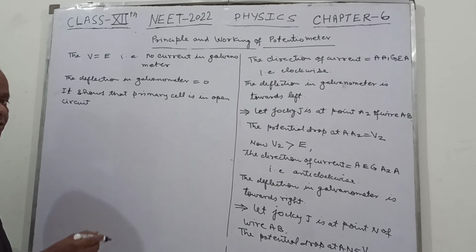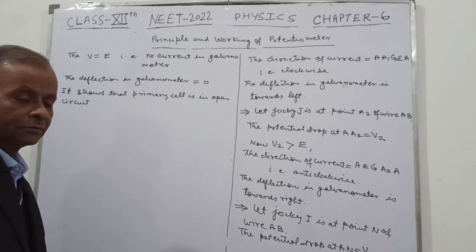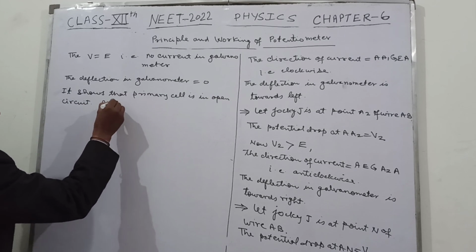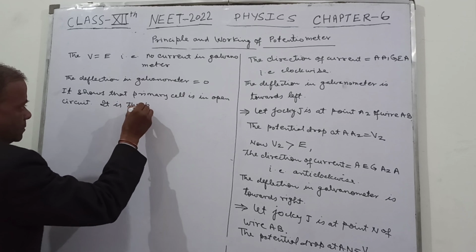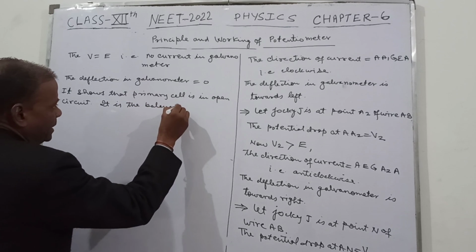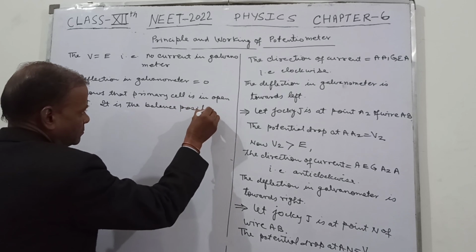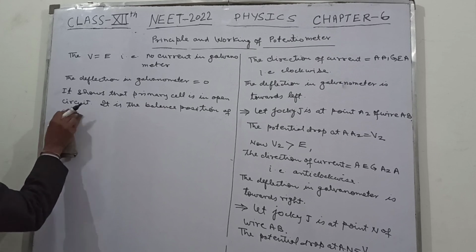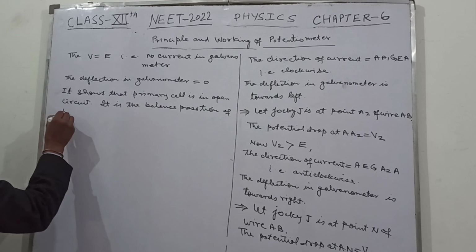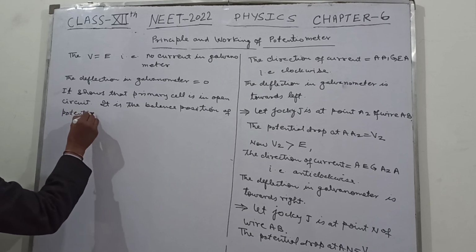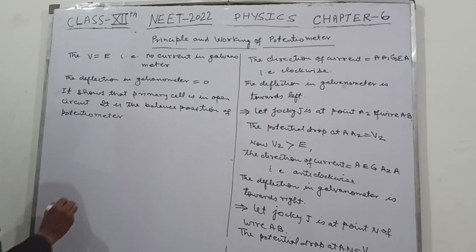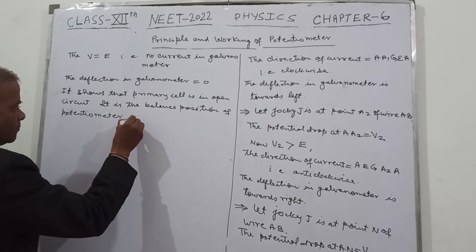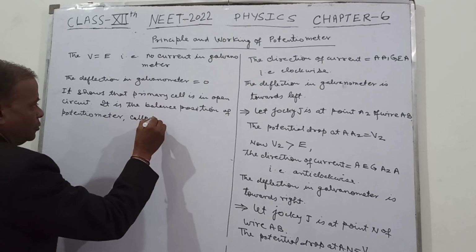So no current is taken by the potentiometer from this cell. It is the balance position of the potentiometer, called no deflection.